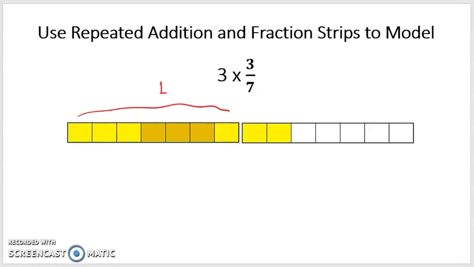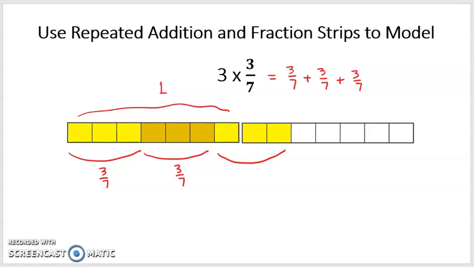And thinking of this as repeated addition, 3 times 3 sevenths is equal to 3 sevenths plus 3 sevenths plus 3 sevenths. And now, using the fraction strip, we've got a unit divided into sevenths, so 3 sevenths is right there, plus another 3 sevenths right there, plus our third 3 sevenths.